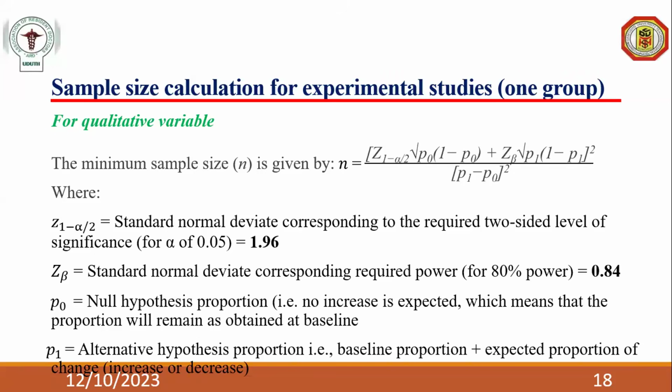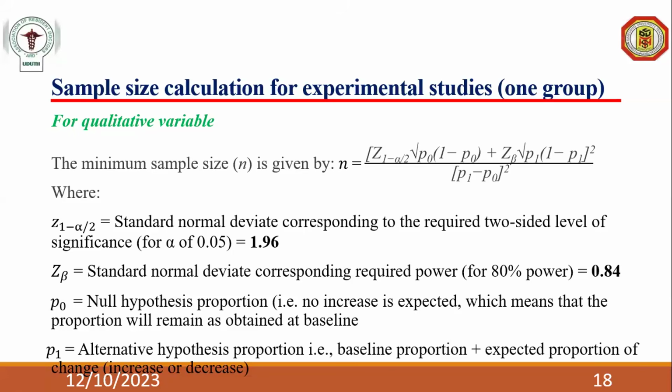While P1 is the alternate hypothesis proportion. That is, baseline proportion plus the expected change, or expected increase or decrease. So here, if your P naught is 20%, but you expect a 20% increase after giving the health education, then your P1 will be equal to what? 20 plus 20.